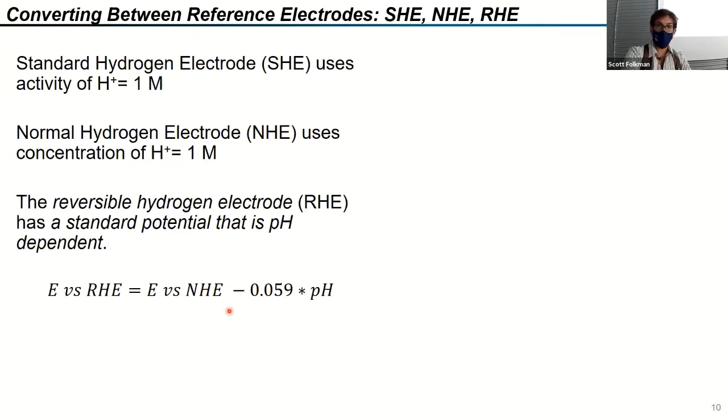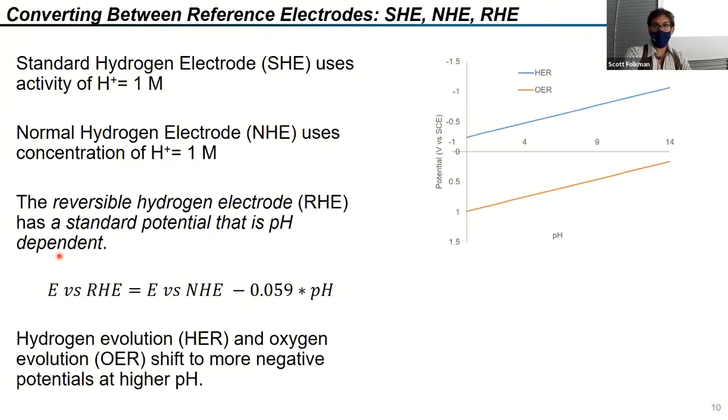So this is a very useful equation, and what it effectively produces is a plot. If we look at the hydrogen evolution reaction and oxygen evolution reaction versus the pH, we can see how their thermodynamic potential versus a pH-independent reference electrode shifts.